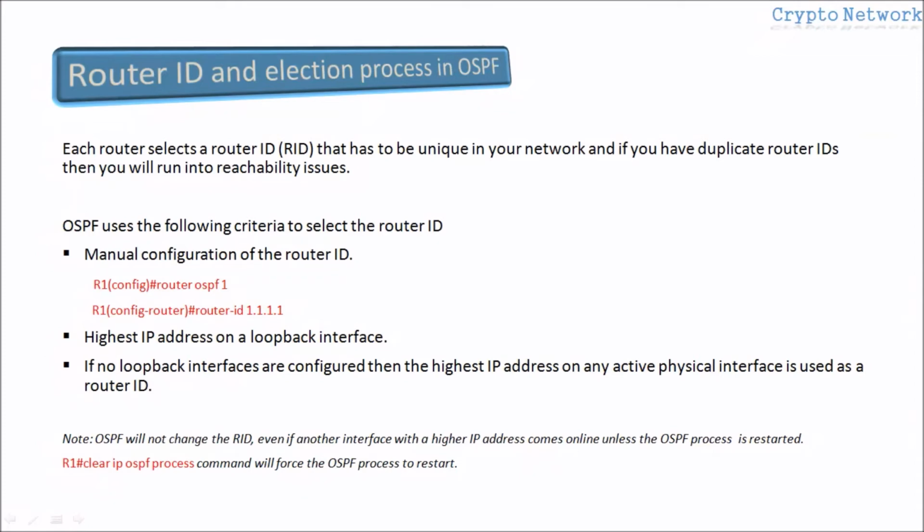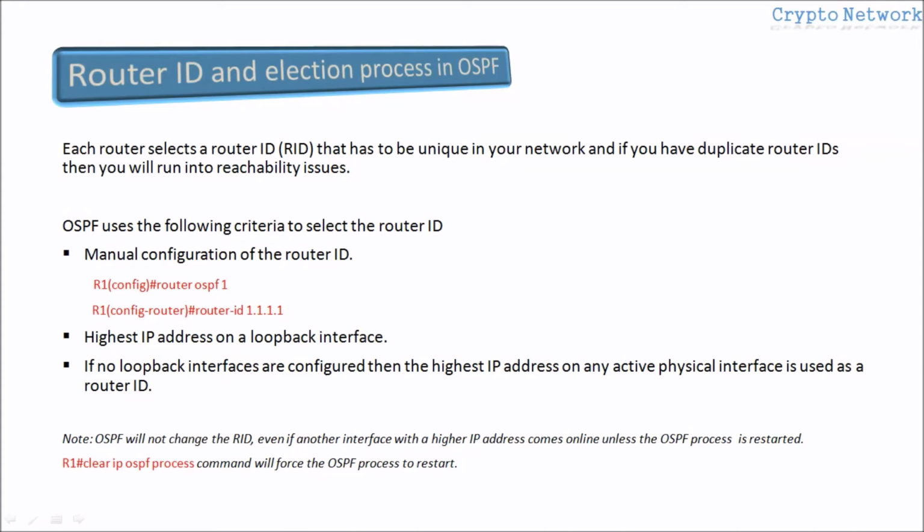If there is no OSPF router ID configured, the highest IP address on any of the router's loopback interfaces is elected as the OSPF router ID. Finally, if there are no loopback interfaces configured, the highest IP address on its active interfaces is selected as the OSPF router ID.